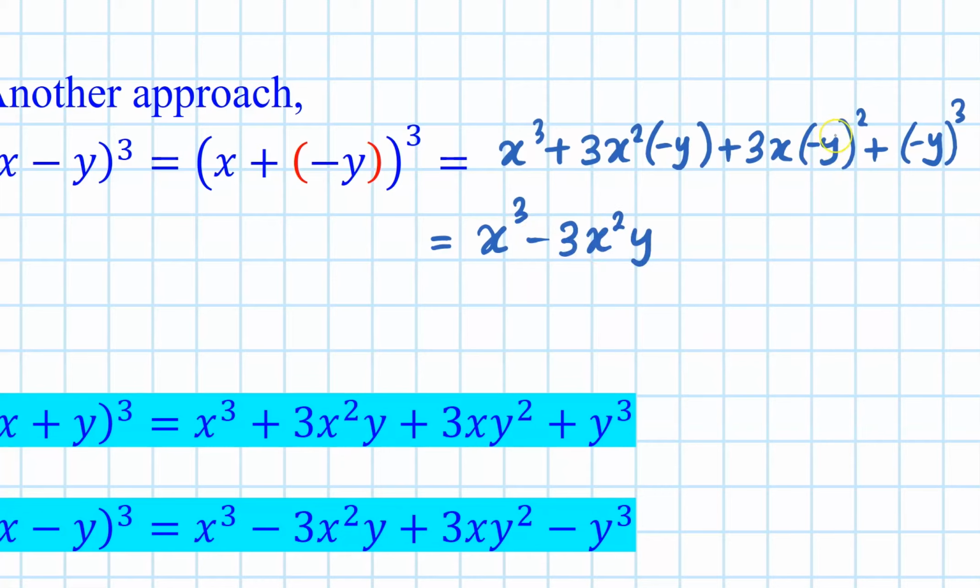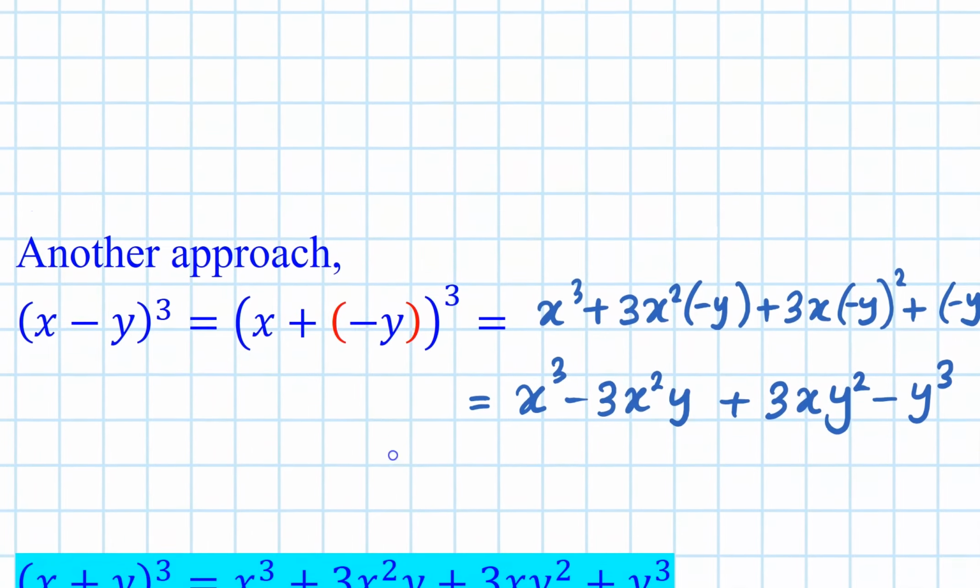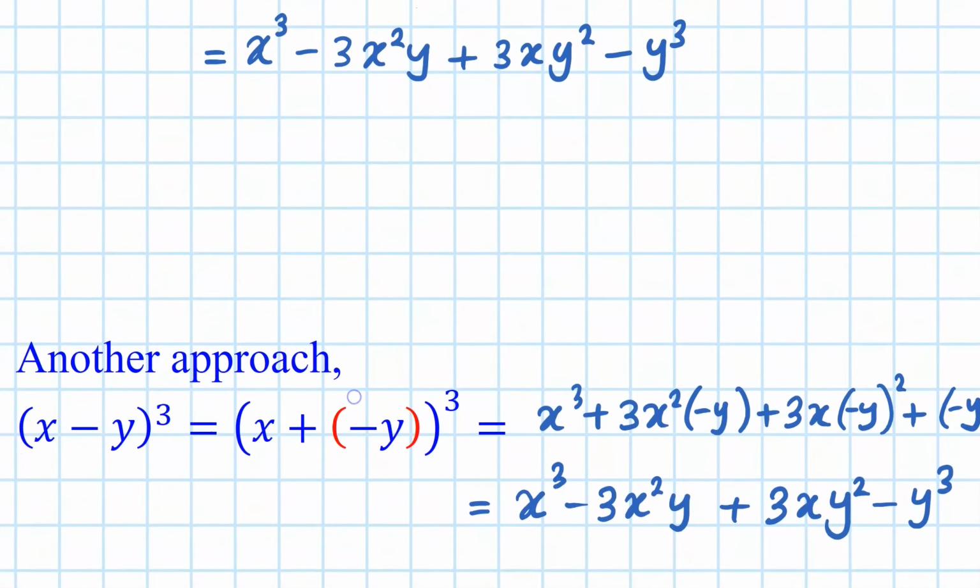Negative y squared becomes positive, therefore this stays positive. Negative y cube, multiplying negative y by itself 3 times, yields negative y cube. Therefore we got exactly the same expression we got earlier, exactly the same.